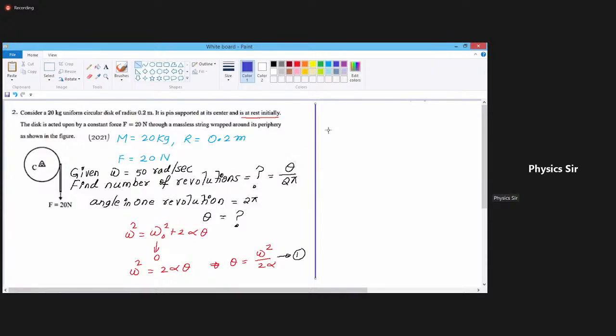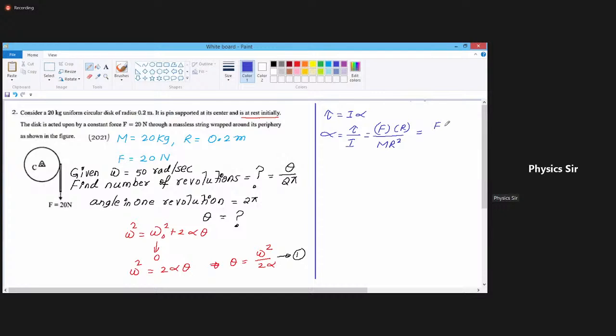The idea is, we know the torque is equal to I into alpha. So alpha is torque divided by I. What is a torque? A torque is nothing but the force multiplied by the perpendicular distance. And what is I? I is mr square.